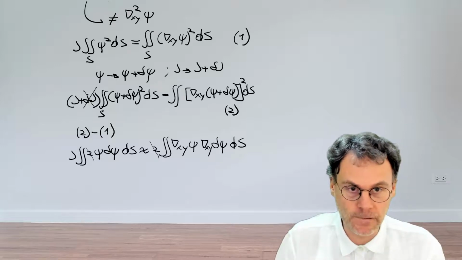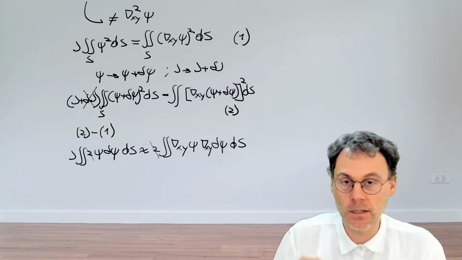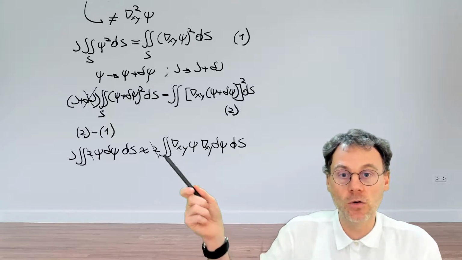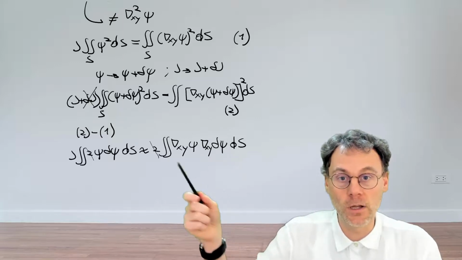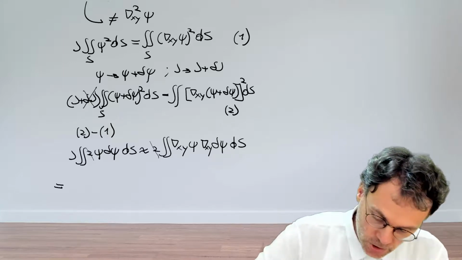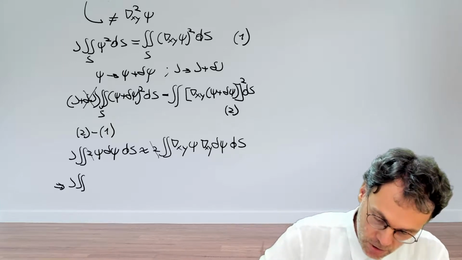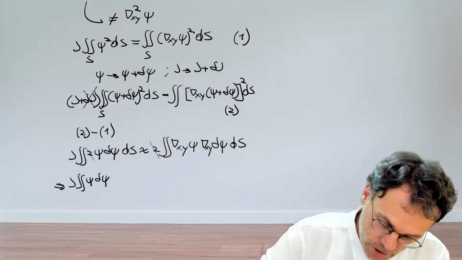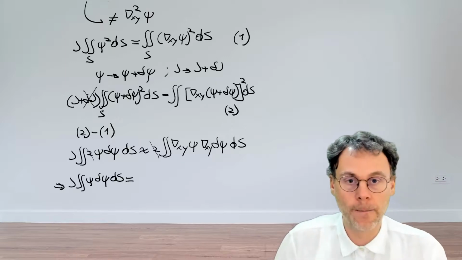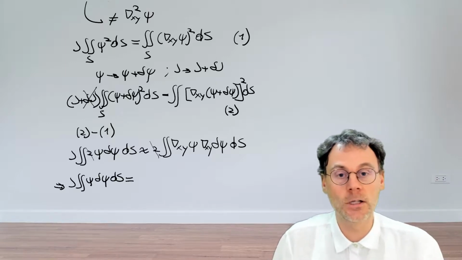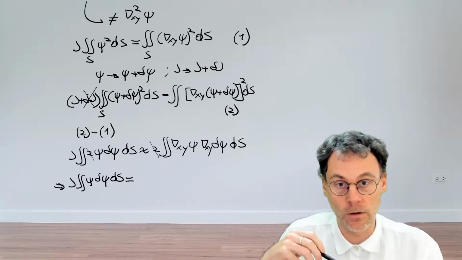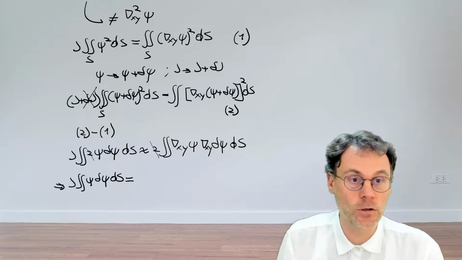And then what we can do is proceed along exactly the same lines as we did in the textbook, and use that variation of Green's formula to manipulate that term over here. So that brings us to j, the integral psi delta psi ds, is equal to... We can use exactly the same formula, but since we're working in a 2-dimensional case for waveguides, we just go from a 3-dimensional formula to a 2-dimensional formula.